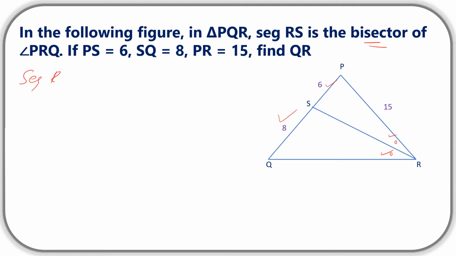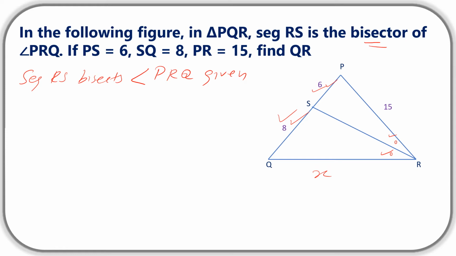Segment RS bisects angle PRQ, that is given. Right? Now, the angle bisector property you just studied: when there is such an angle bisector, it will have a proportion, 6 upon 8, 15 upon 6, x upon 8 will be proportionate. That is the angle bisector property.